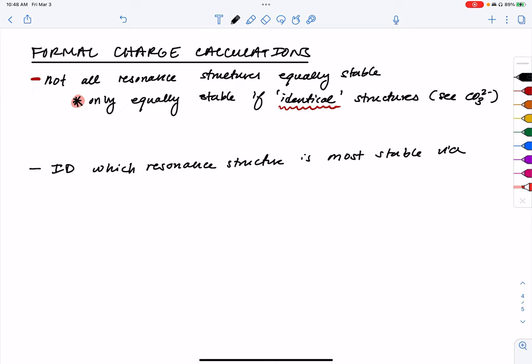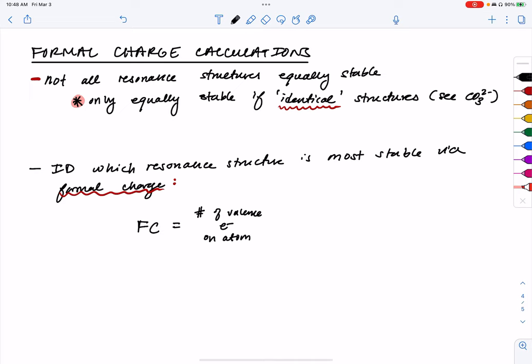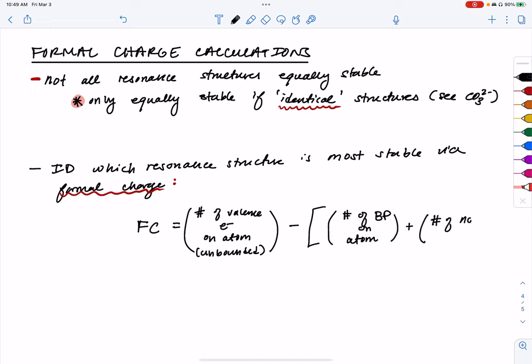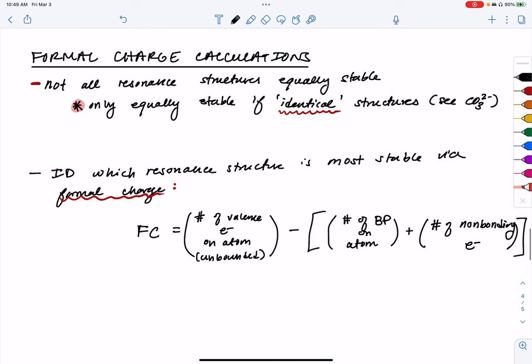Well, we do so by performing a calculation on each atom known as formal charge, where formal charge, FC, on any atom is calculated as the number of valence electrons on the atom when it is unbonded, minus the sum of the number of bonding pairs on the atom when it is bonded in this particular molecule, and the total number of non-bonding electrons on that atom when it is involved in the molecule.